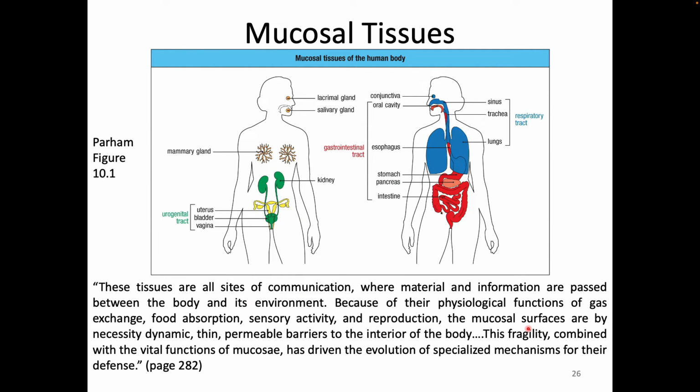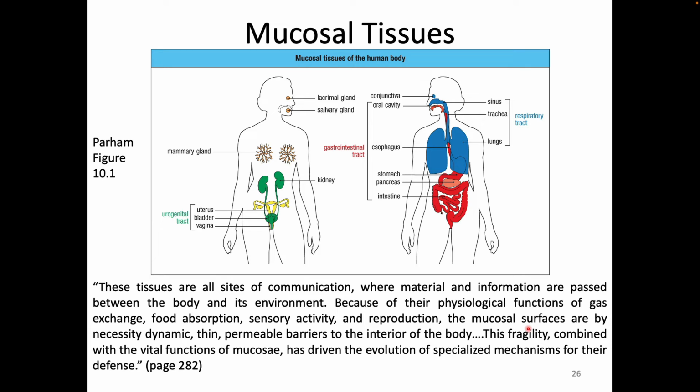If your lungs were 24/7 full of inflammation, they probably wouldn't be able to do gas exchange very well. If your GI tract was always in an inflamed state, it probably wouldn't be doing food absorption very well. And so, in fact, these are all organs that are incredibly important for your normal physiology. And if there was tissue damage, you'd be in bad shape.